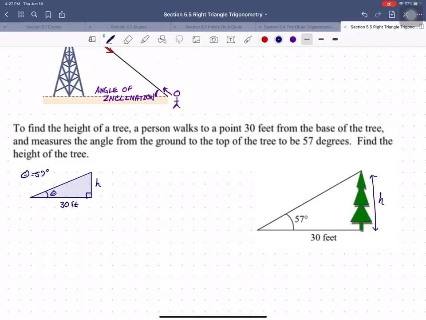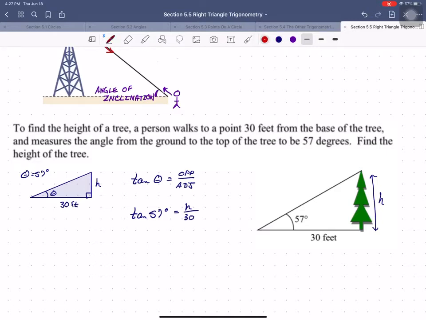The trigonometric relationship that is relevant here is the tangent, because the tangent of theta is equal to the length of the side opposite divided by the length of the side adjacent. So tangent of 57 degrees equals h over 30.